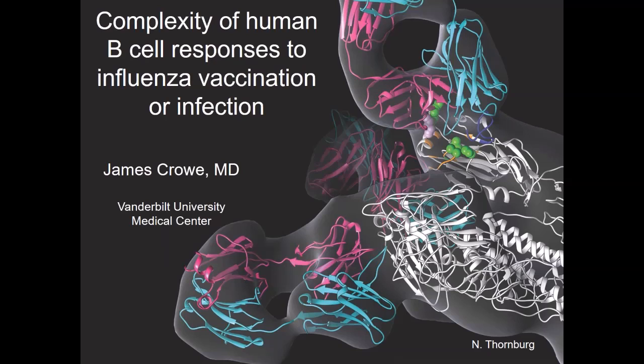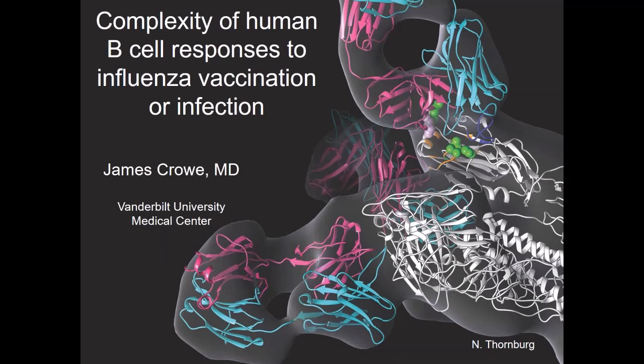And now it's my honor to introduce Dr. James Crowe. Dr. Crowe's laboratory has a broad portfolio of work in viral immunology and cell biology, with an aim to discover mechanisms important to develop new vaccines. In addition to his laboratory, Dr. Crowe directs the Vanderbilt Vaccine Center and the flow cytometry and cell sorting core at Vanderbilt.